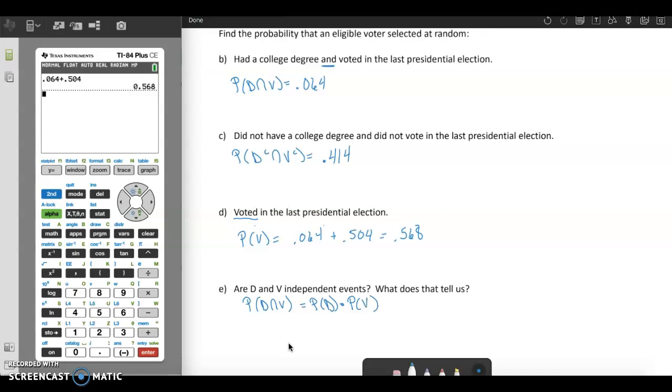So let's check to see if this works. The probability of D intersect V is this 0.064, the value that we found up in part B. Does that equal the probability of D times the probability of V?